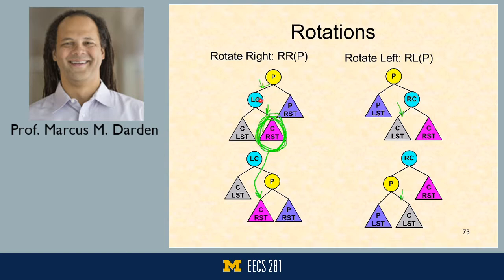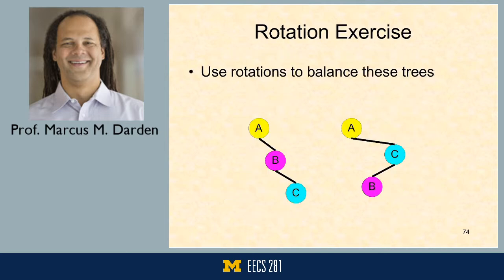So they have to be to the right of LC, no matter how many of them there are. And same thing, they all have to be less than P. So if I retain that after the rotation, then my BST property is protected, right? And the same thing is true in the mirrored version over here on the right-hand side, and you're good to go. So let's use our rotations to balance these trees.